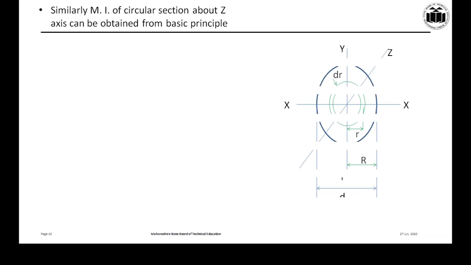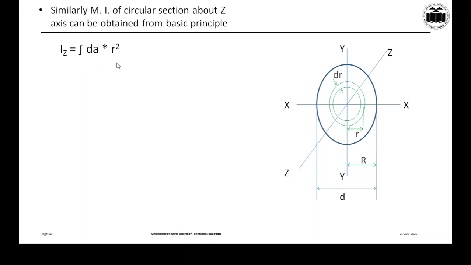Similarly, MI of circular section about z-axis can be obtained from basic principle for the circle of diameter d and radius r. We can find moment of inertia from basic principle considering an elemental strip at distance r and thickness dr, carrying out the same procedure.